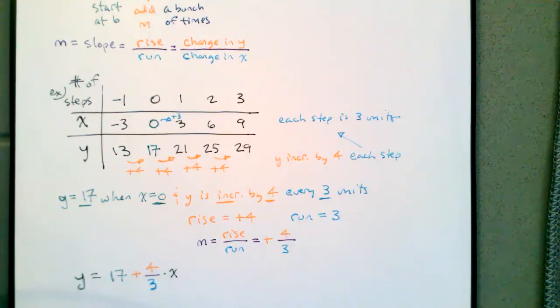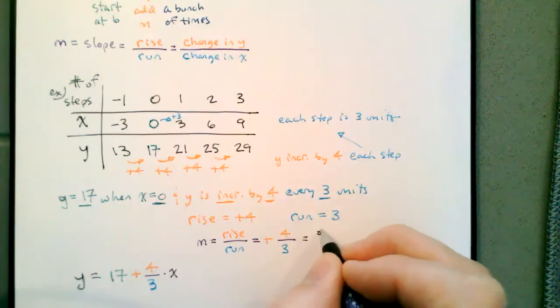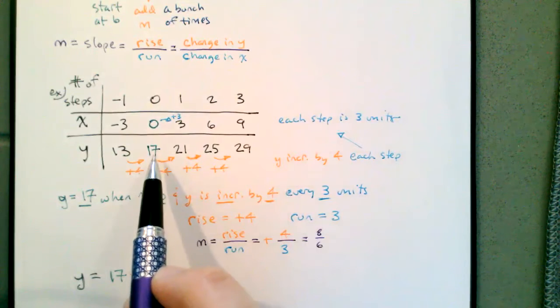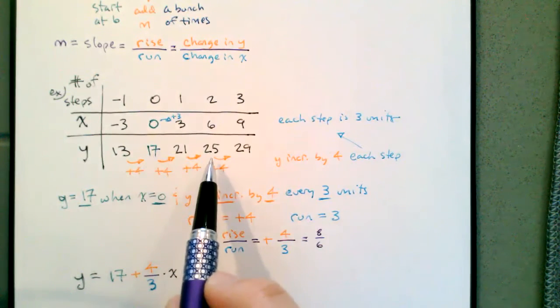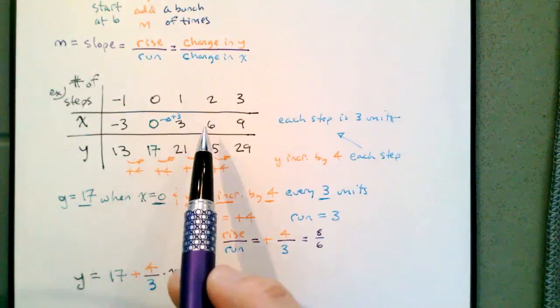What we want to recognize is that the slope is a ratio. And we usually go for the simplified form, 4/3. But there are many ratios that are equal to 4/3. I can have 8/6. But if we look at the table, that is also happening. 17 plus 8 is 25, and 0 plus 6 is 6.